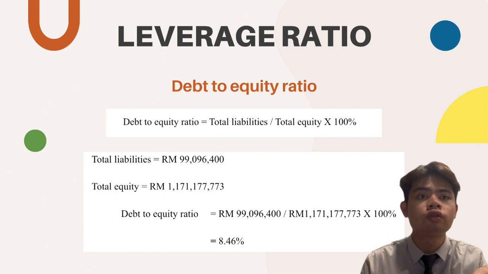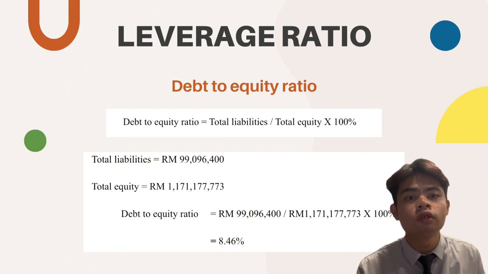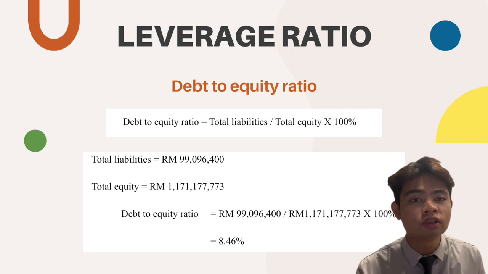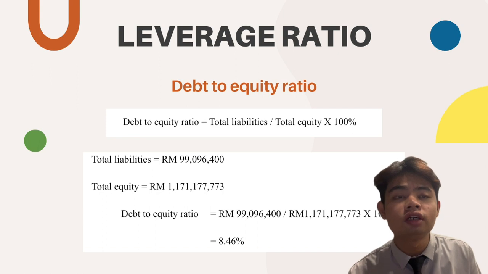The debt ratio, the total liabilities is 99,096,400, and the total equity is 1,171,177,773.